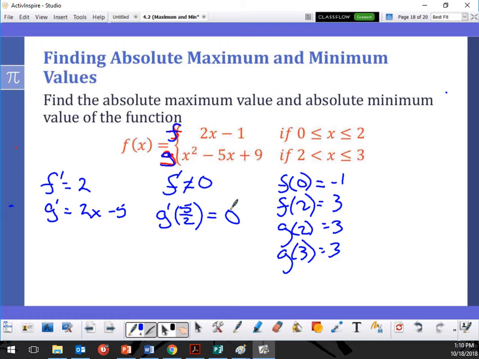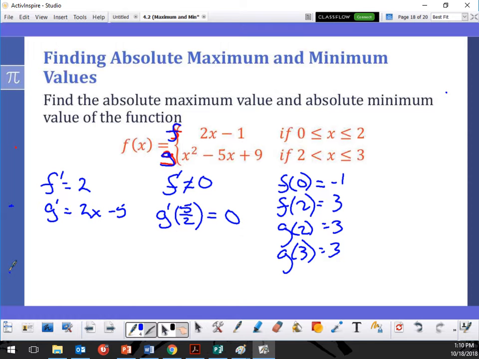So now I've accounted for almost everything. I did the endpoints, and now we're checking this one. So now what do I do with my 5/2? Plug it into the original function to see if it's going to be a maximum or a minimum. If I plug it back into the original function, that would be for my G. So plug in that for my G, and let's take a look.